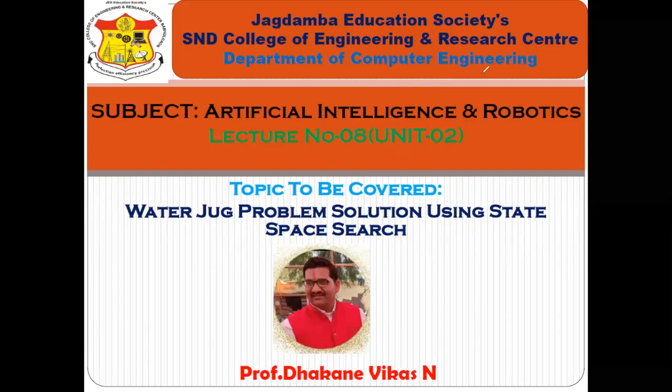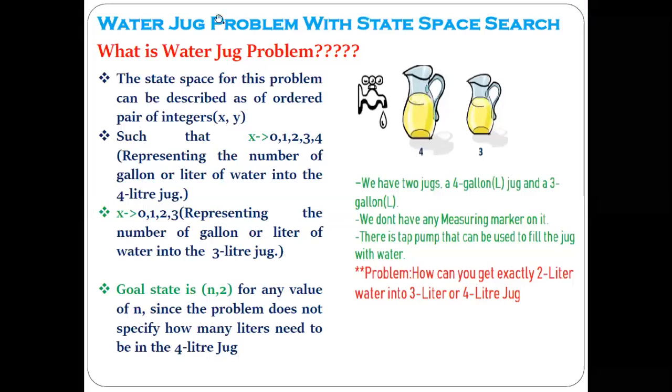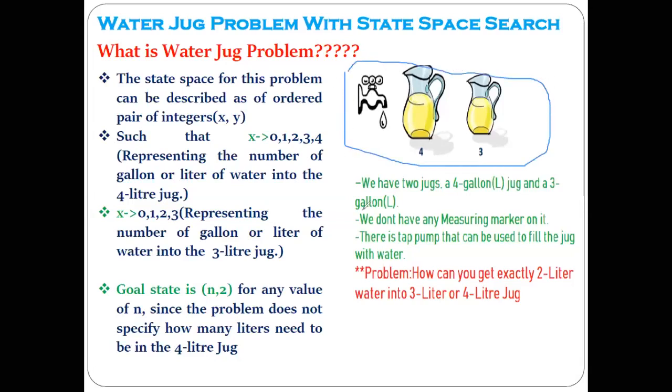So let's start with what exactly it is. I hope the screen is visible to all of you. First, we understand what exactly the water jug problem is. In the water jug problem we are given two jugs. For example, here we have two jugs, this one and this one.